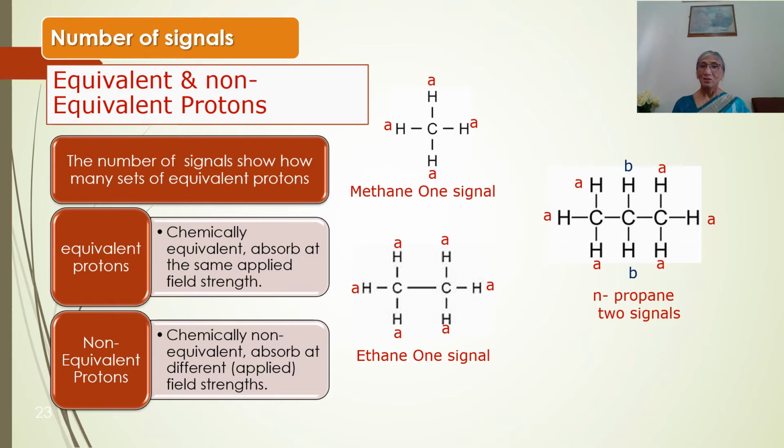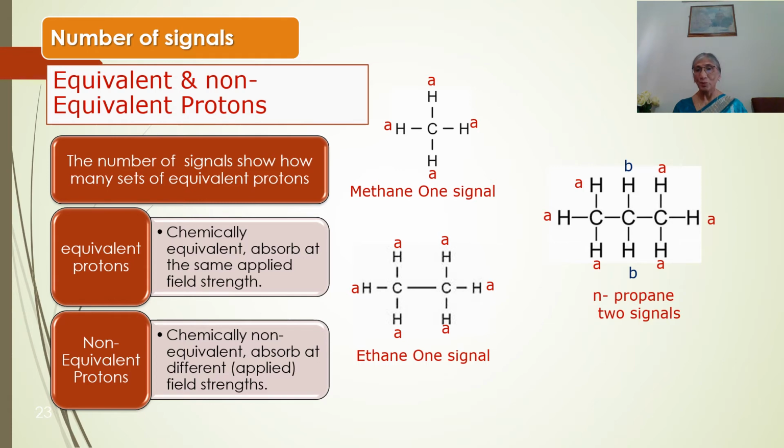If the protons show absorption at the same applied field, then we say the protons are equivalent. It means that in methane all 4 protons are equivalent. Similarly, in ethane all 6 protons are equivalent.